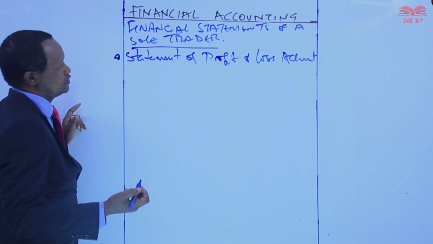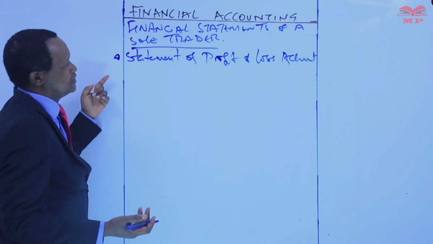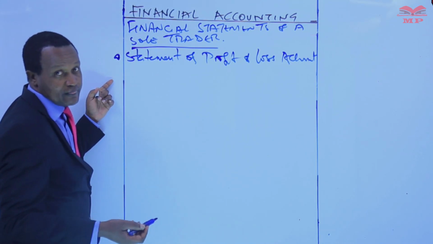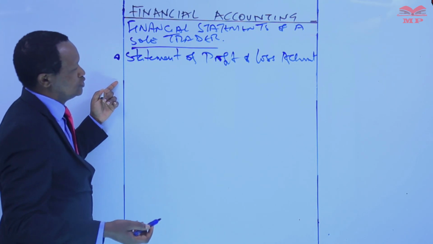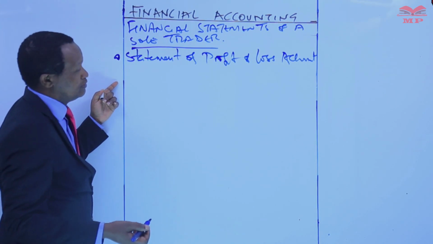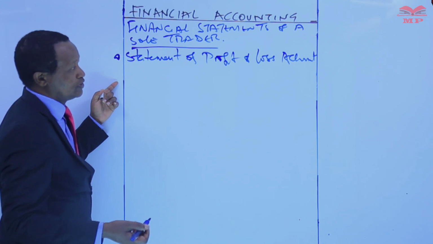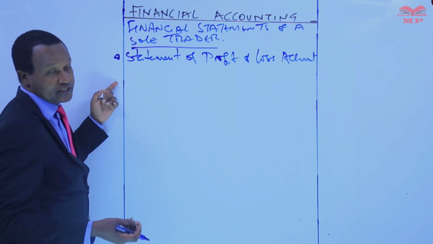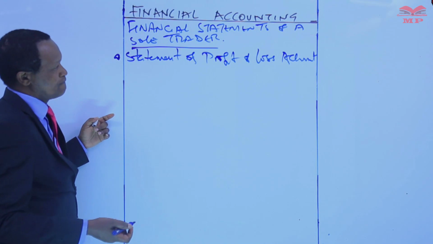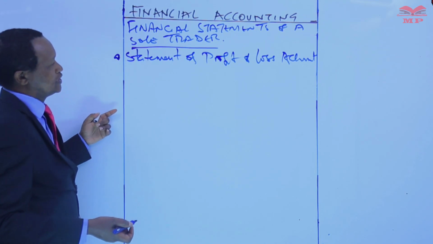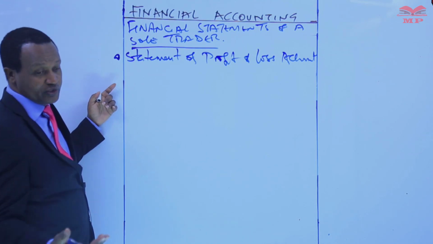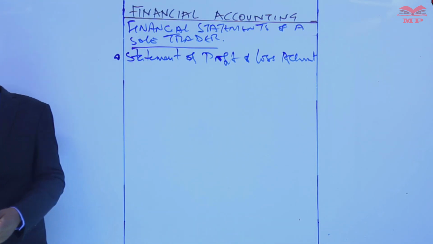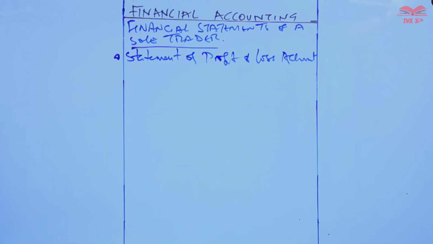So sole traders are required to prepare a statement of profit or loss account. It is through this statement that we are able to determine whether the business is making profit or is incurring loss at a specific point in time. So the statement will have revenues and expenses, just two things. It helps us determine the net profit or loss of the business.